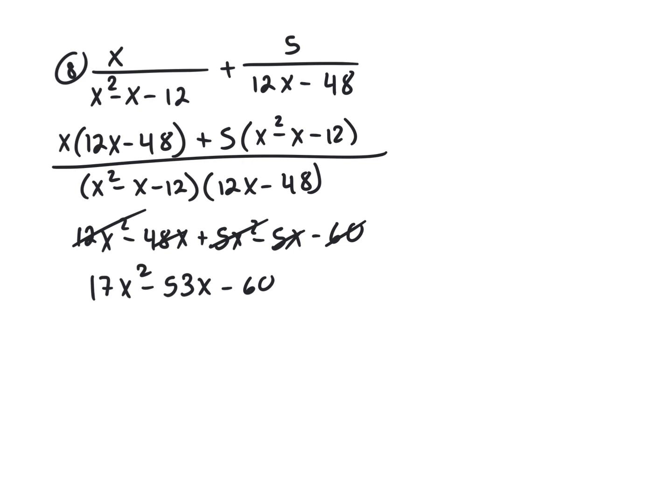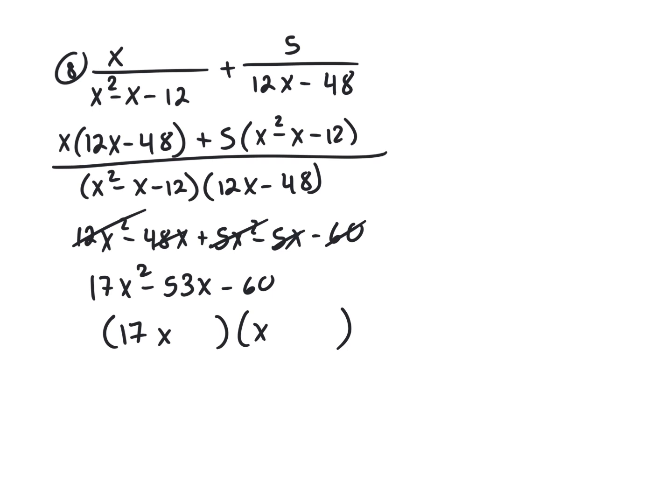Now for the numerator, there's not a lot we can do. We can try and factor it. 17 being a prime number, we're going to end up with 17 in one parentheses and 1 in the other. So for the first time in all the examples, this numerator actually simplifies to 17x and then x in the other one.